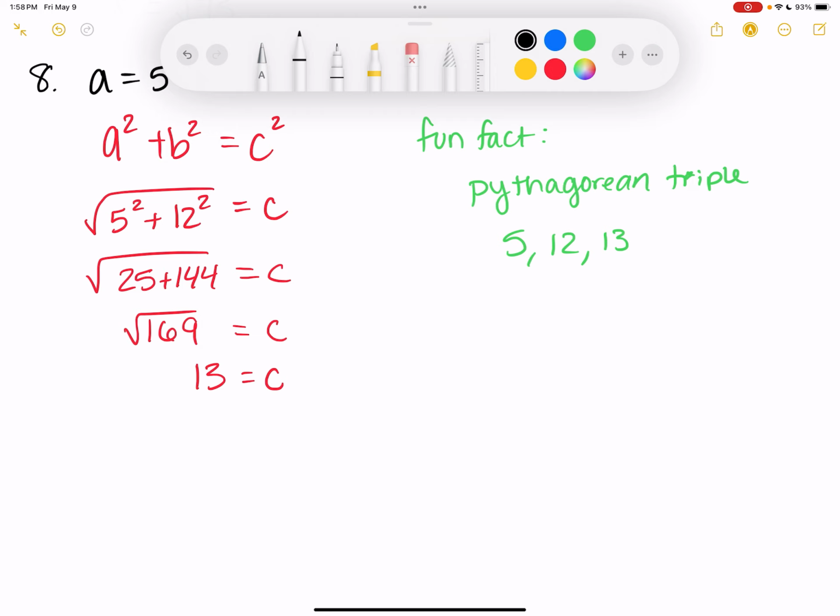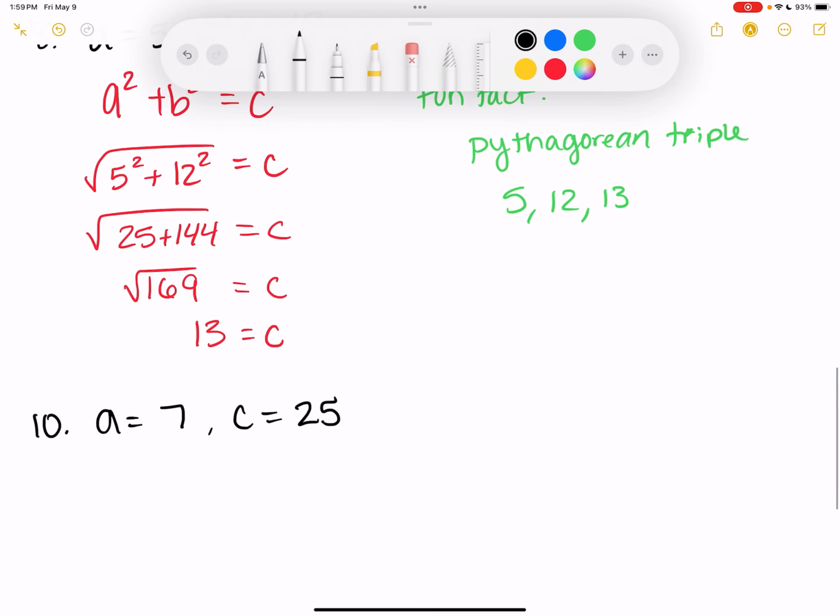It might show up on Jeopardy one night if you're watching it. Be like, state a Pythagorean triple. Or the numbers 5, 12, 13 are what? I'll be like, I know that before you. They're whole numbers.